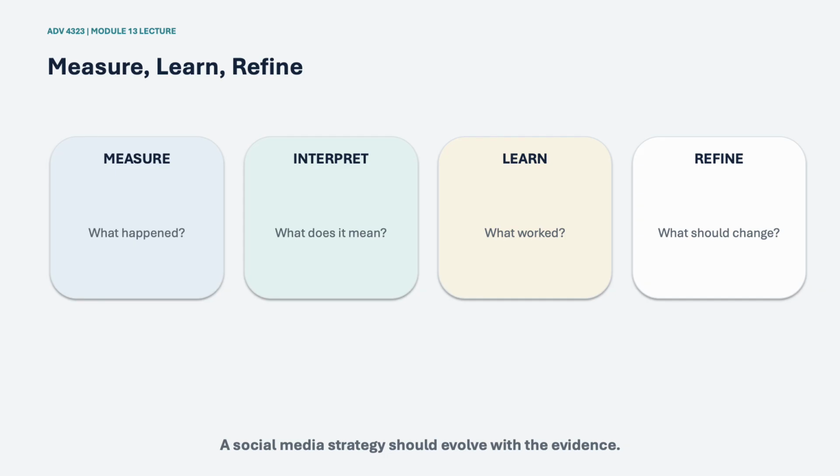Maybe a particular platform drove engagement but very little action. The data gives us information, but as we discussed in Module 12, human interpretation is what turns that information into strategic insight. Measurement should help you make the next decision better.